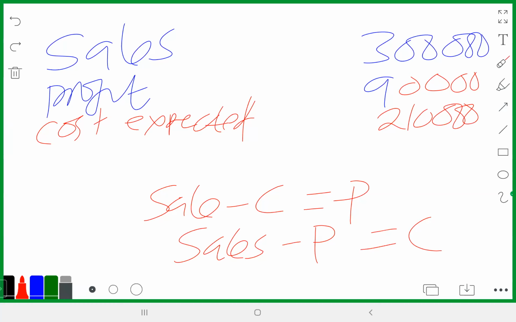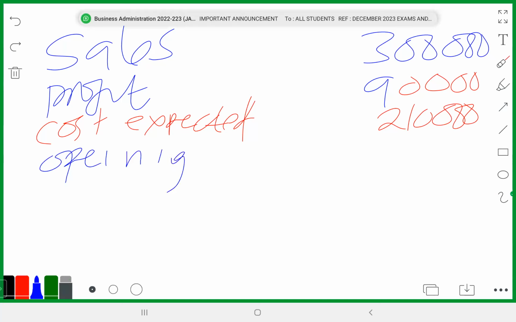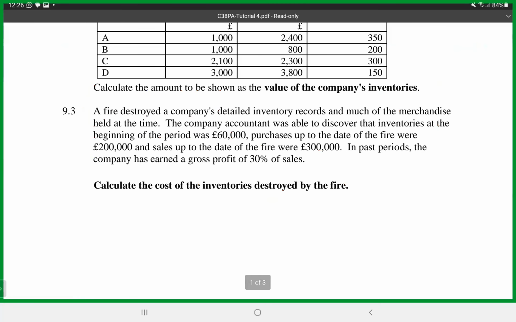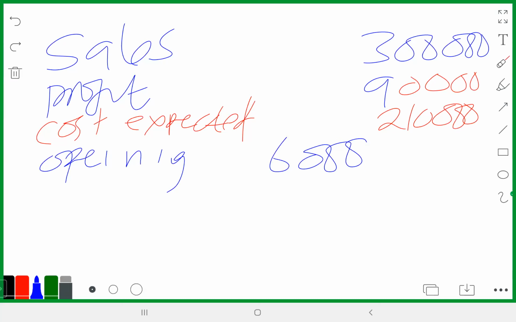Then the inventory at the start of the period now. The opening inventory. We are given the opening inventory, isn't it? About the opening inventory, we were told that they were equal to 60,000. Opening inventory, 60,000. And from the records of purchases, we add the purchases.